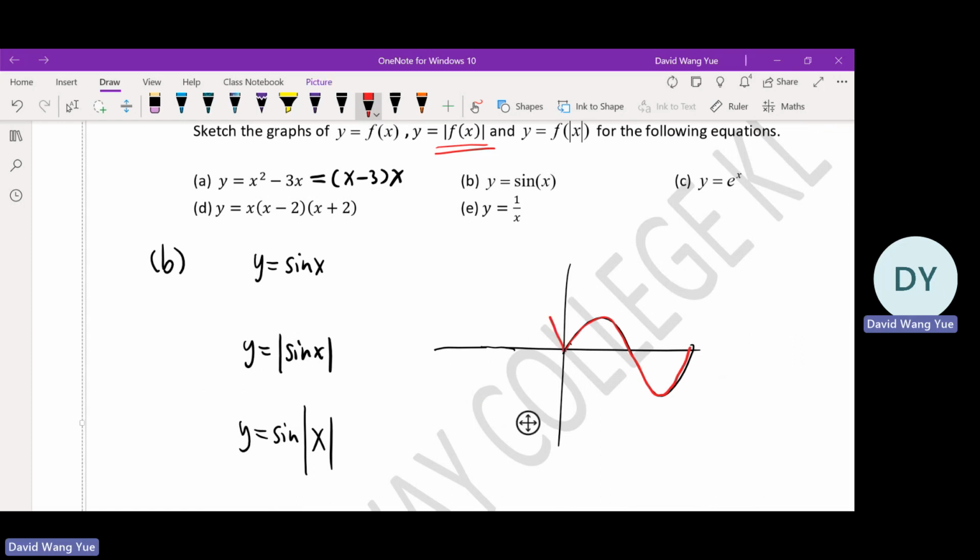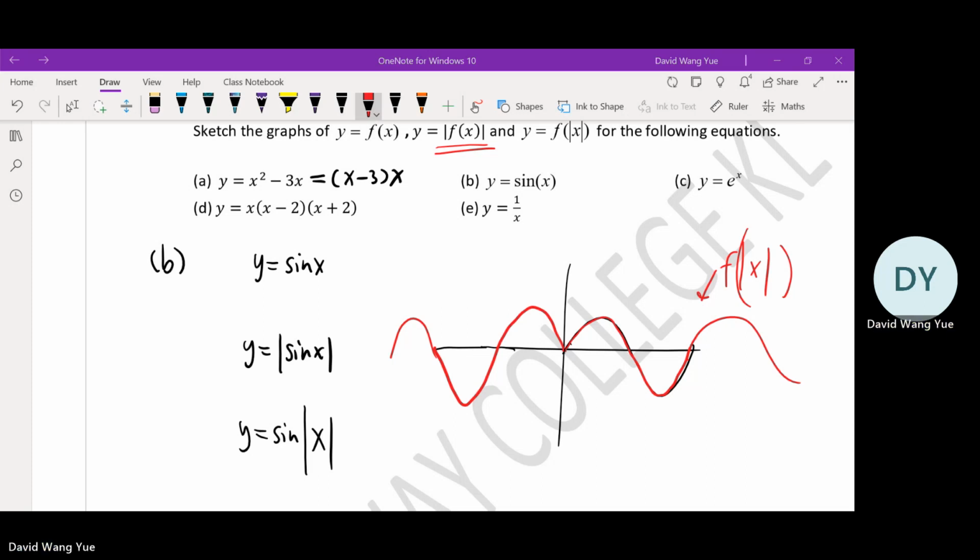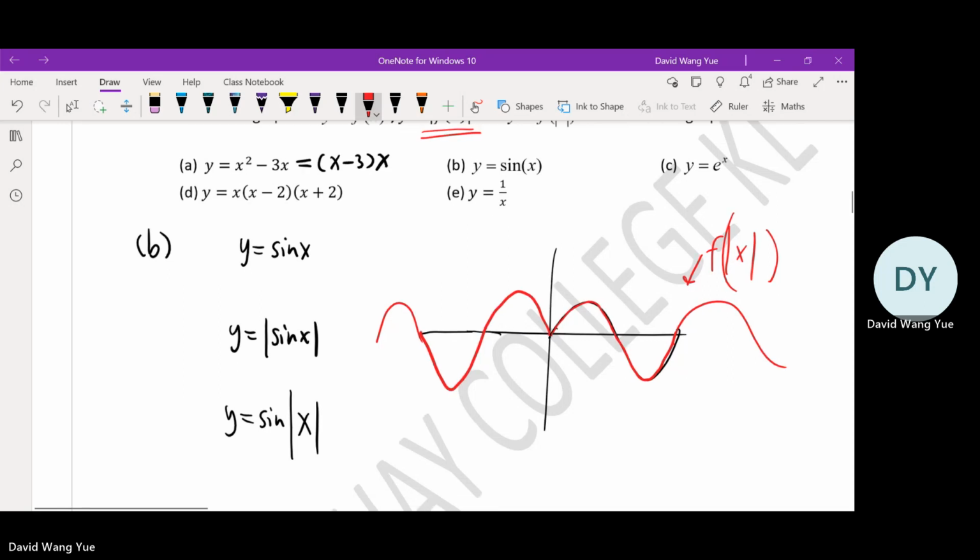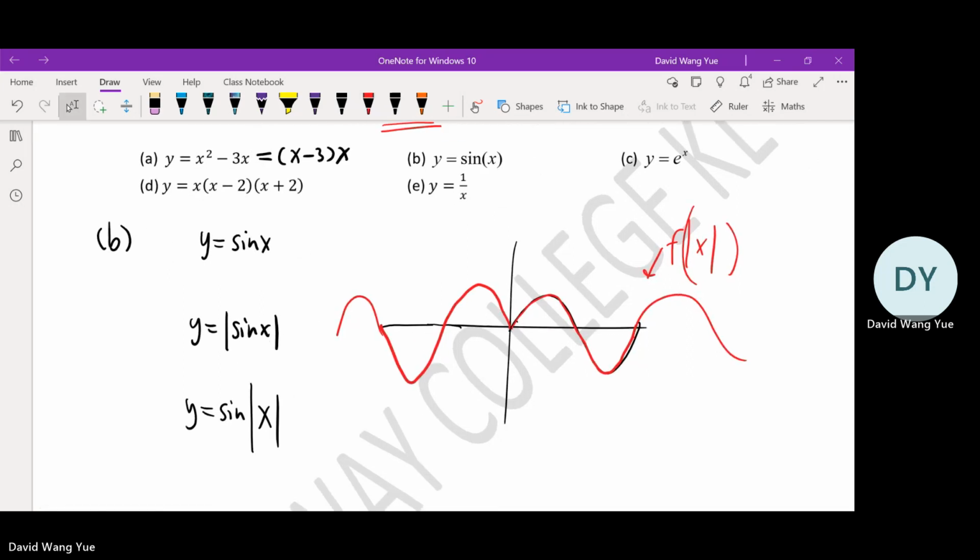So this part reflects. So this is sine of absolute value x. You can pause the video and then take down the graph, but now I need to move on.